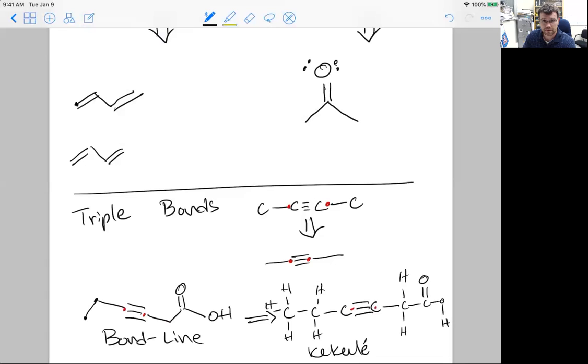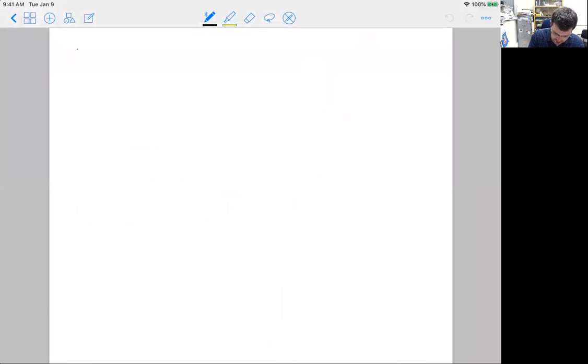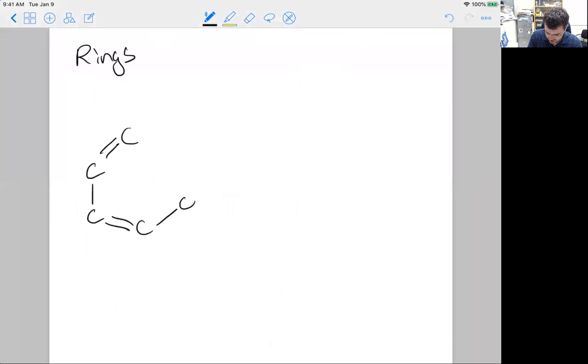Okay, let's do just one more example just because I think it's helpful. And that will be ring structures. So rings aren't overly complicated relative to anything else we've been doing. They follow the exact same rules. So this is a really important molecule. It's called benzene.